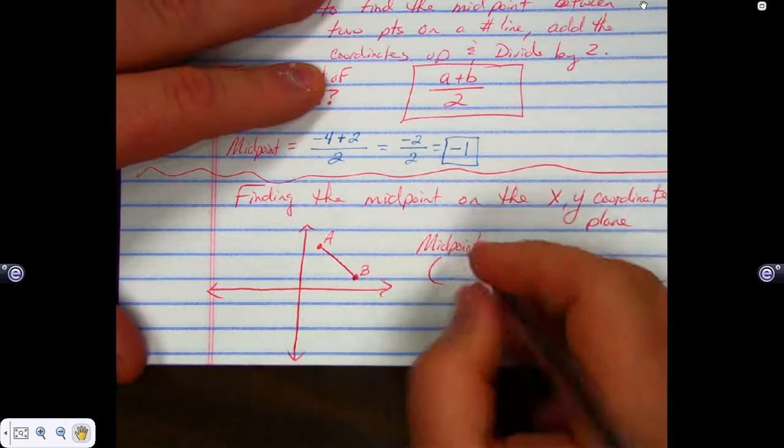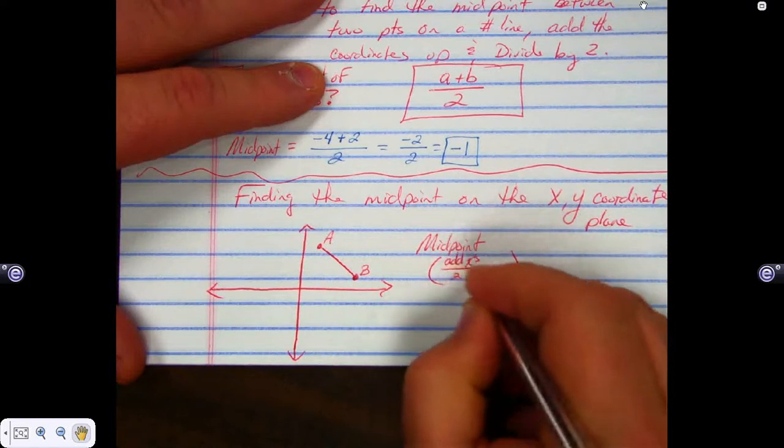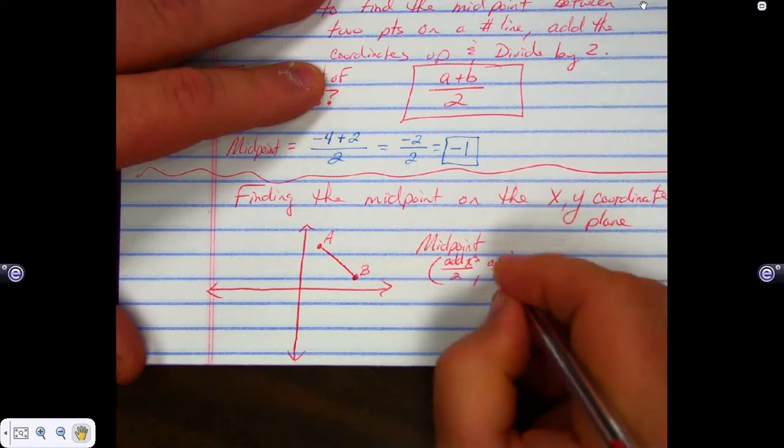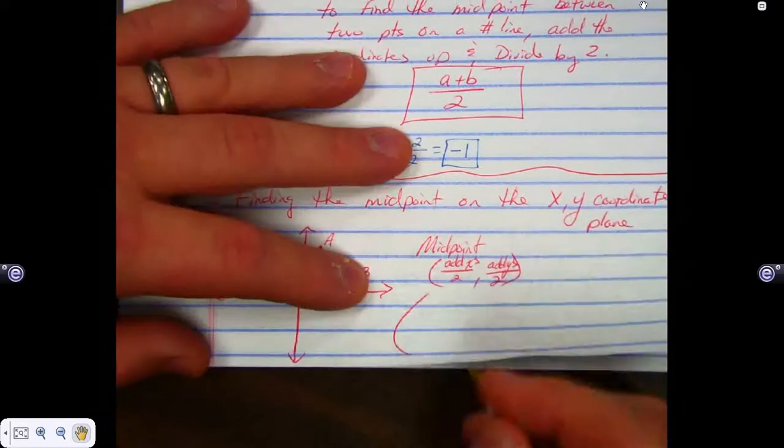Midpoint, you know what you do? You add the x's, divide by 2, then you add the what? Divide by 2.